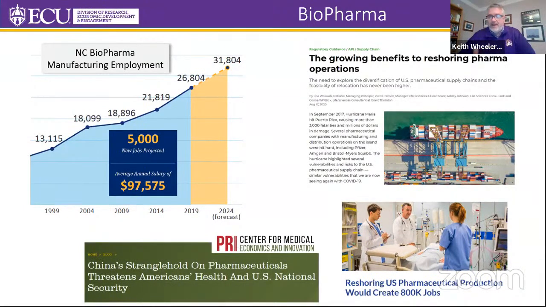This is one sector that did extremely well during the pandemic and will do so post-pandemic because folks' eyes have been opened to paying attention to stockpiling of vaccines or PPE, making sure you understand where your supply chain is in these areas.